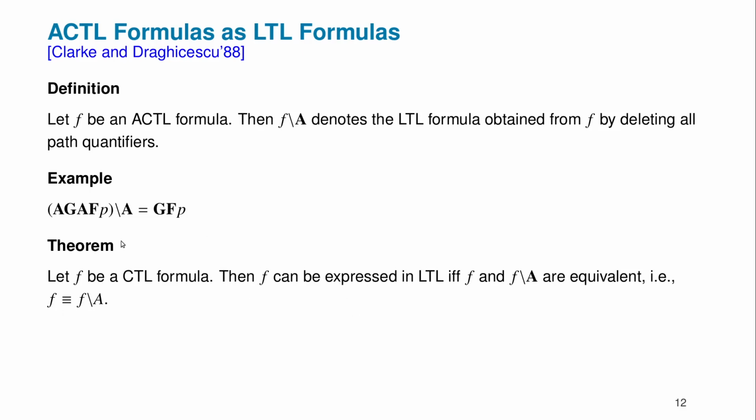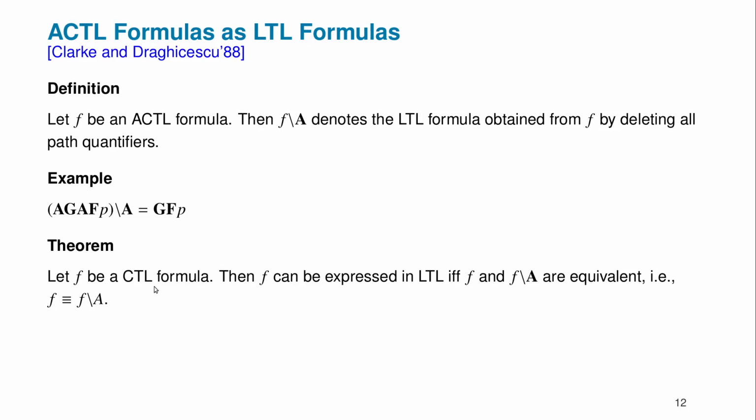This theorem is proven in this 1988 paper, and a proof sketch can also be found in the old video recording that is available on the FM webpage. So if you're interested in a proof sketch, you find it there in this old video. I just use the result in the following and show you how we can decide if a CTL formula does not have a corresponding LTL formula.